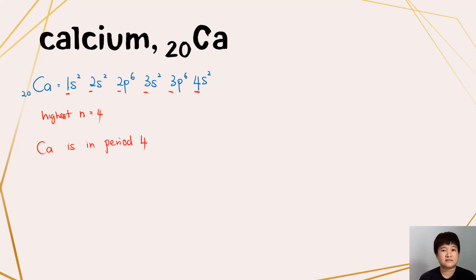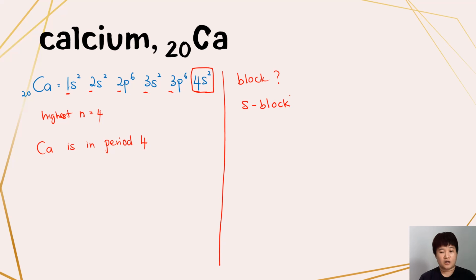Let's use this example to find out the block and the group as well. What block is it? It will be the s block, because the last electron that you put in is in the s orbital. So this will be in the s block of the periodic table. What do you think the group will be? For the s block, the number of group will be equal to the number of valence electrons.